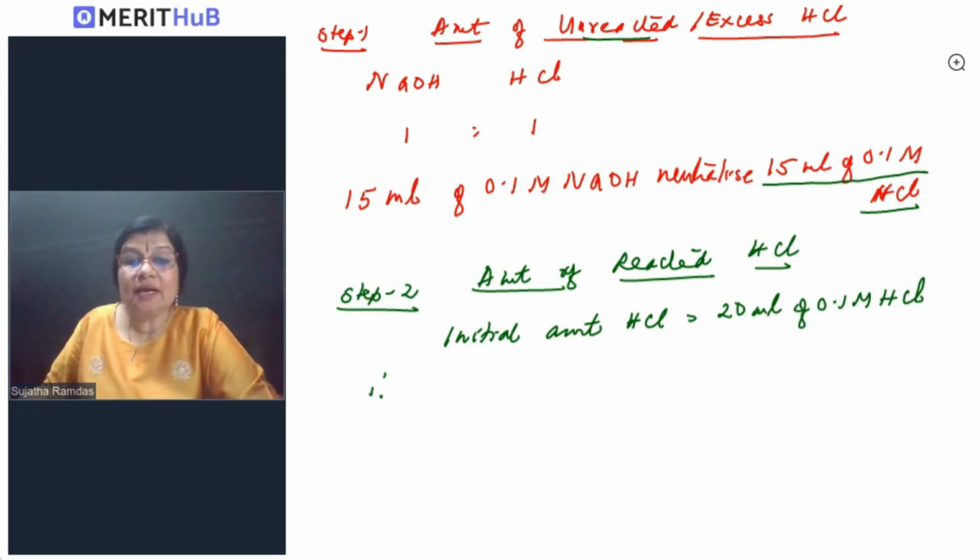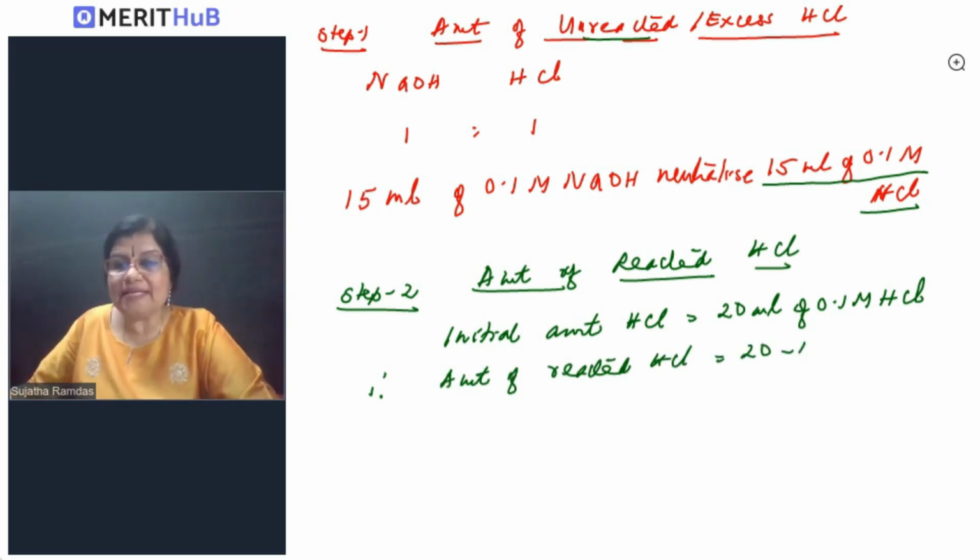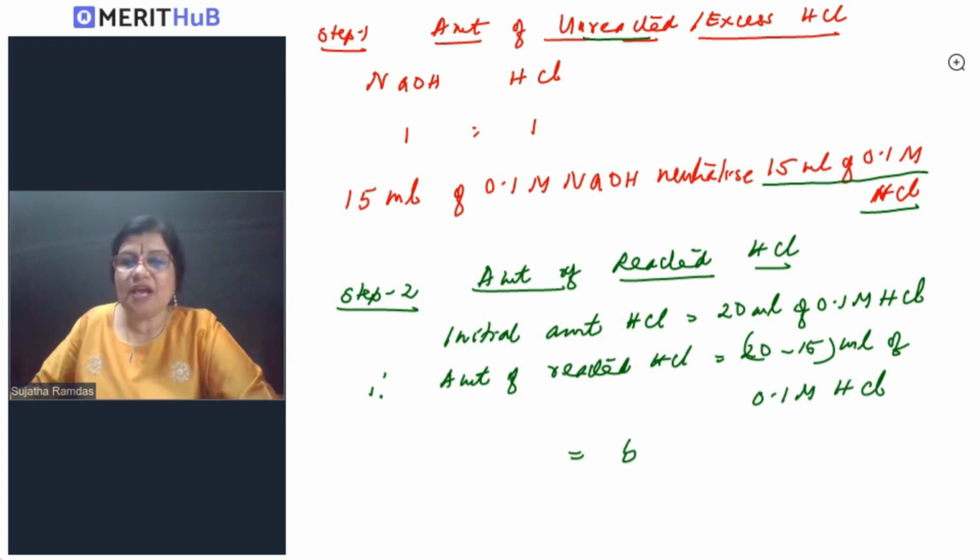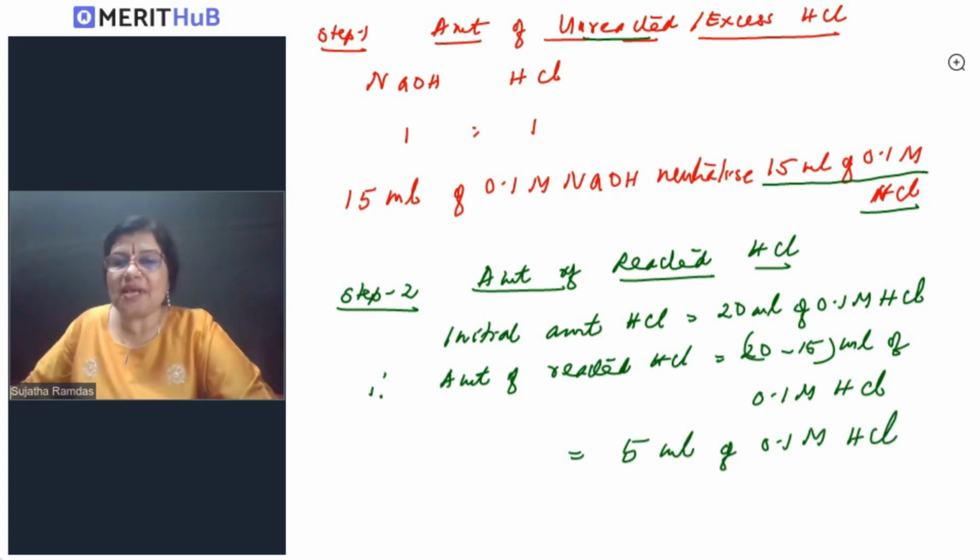Therefore, the amount of reacted hydrochloric acid would be 20 minus 15 milliliters of 0.1 molar hydrochloric acid, which is 5 milliliters of 0.1 molar hydrochloric acid.